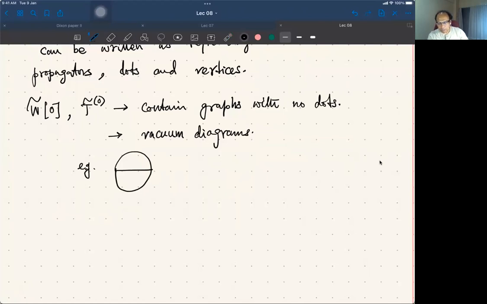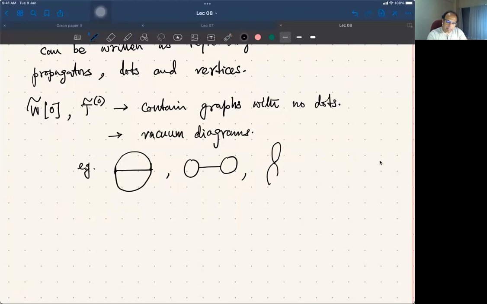There are no dots. I have used links, I mean propagators, and vertices. So this is a 3 vertex. This is also a 3 vertex. You can also have another diagram, which is this. This is also a vacuum diagram. And if you have a 4 vertex, you can have a diagram like this. This is a 4 vertex.